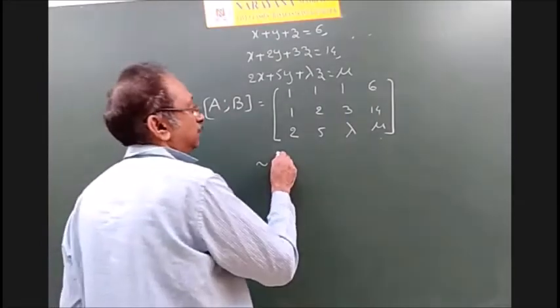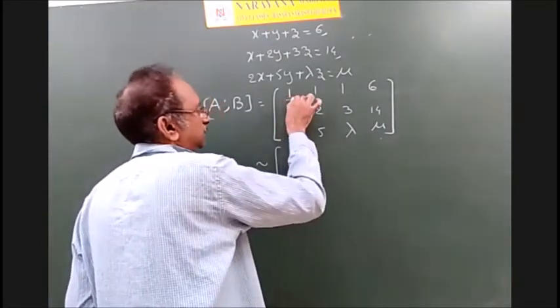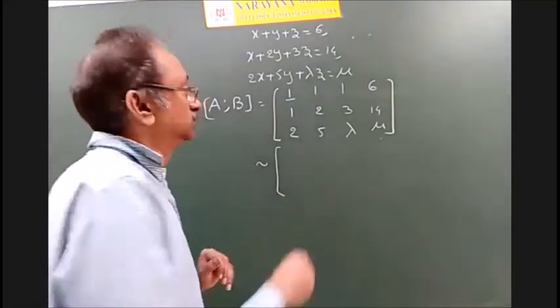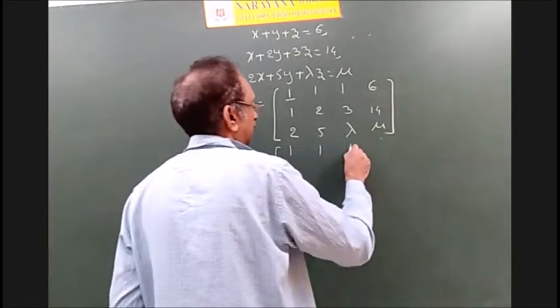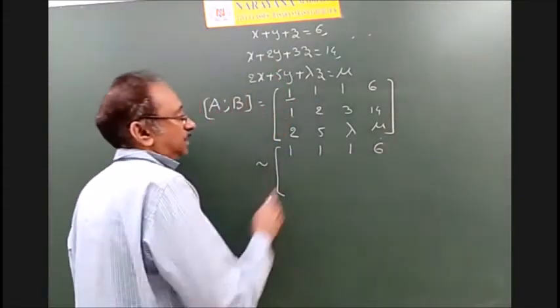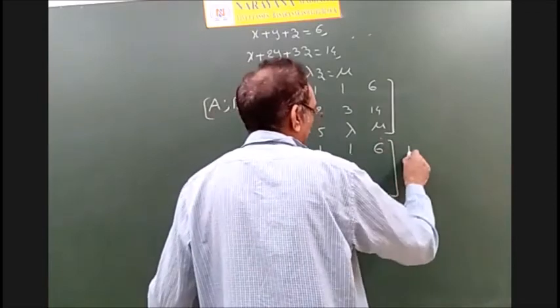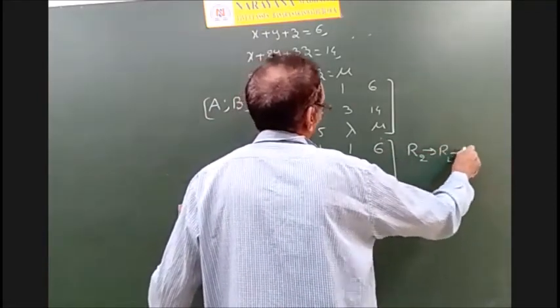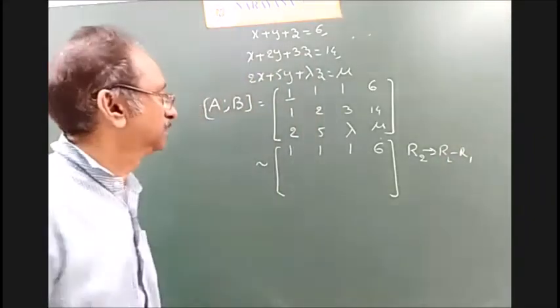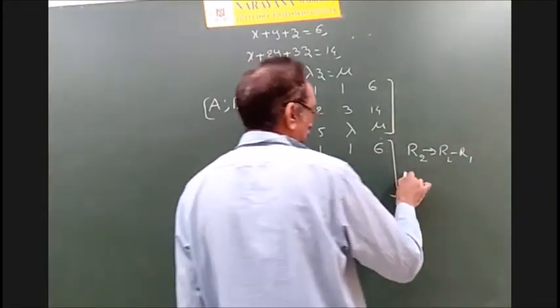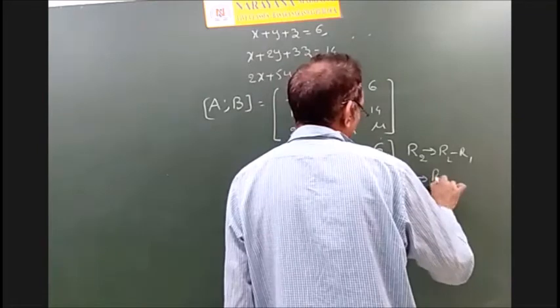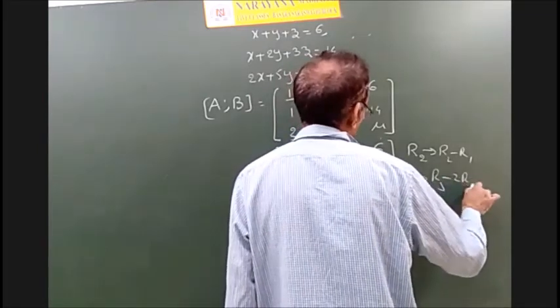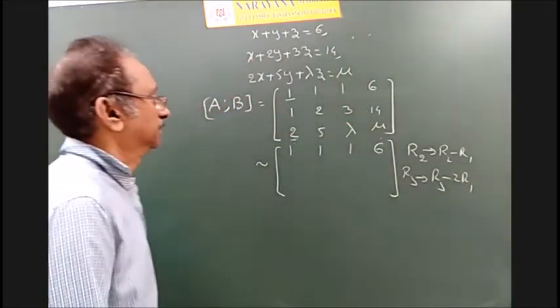Right. And what is the row operation? First, it must be non-zero. Yes, it is non-zero. So 1, 1, 1, 6. And what are the operations I am going to apply? R2 implies R2 minus R1. And to make this 0, R3 implies R3 minus 2R1. Right?